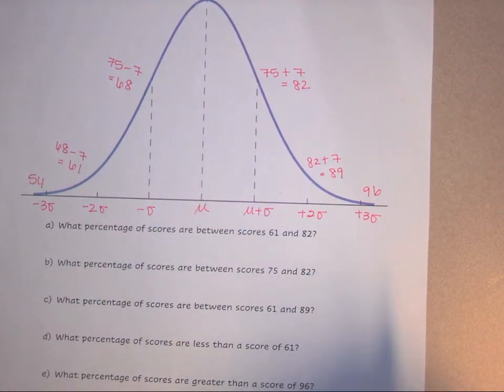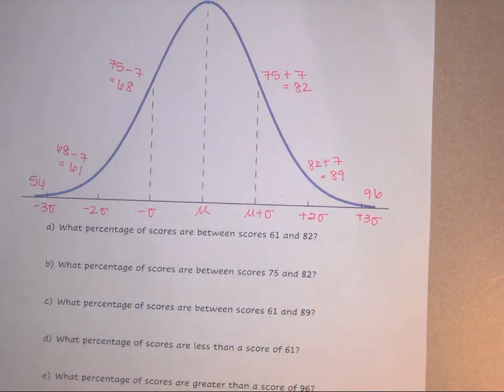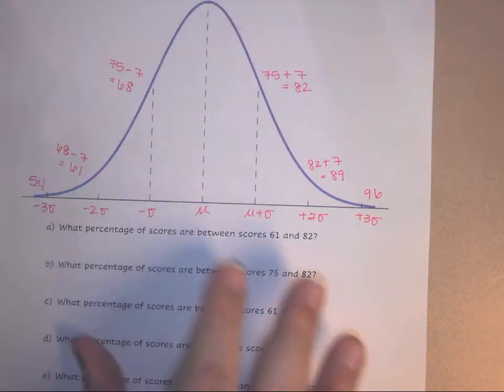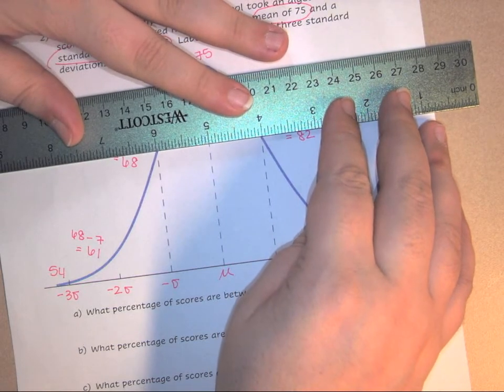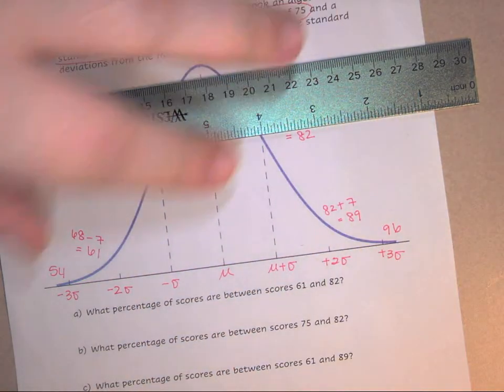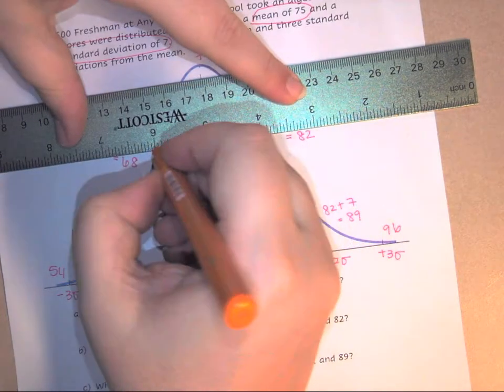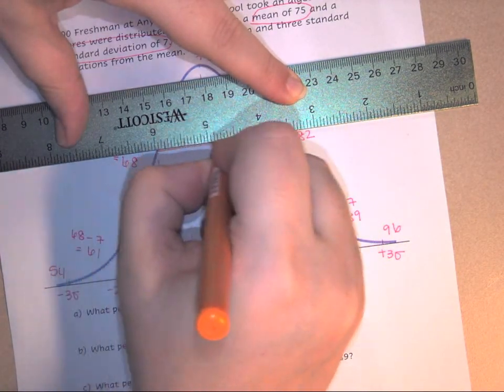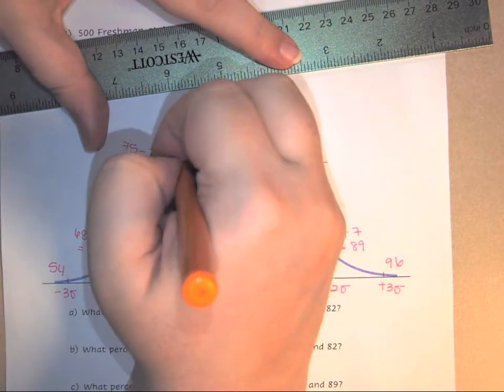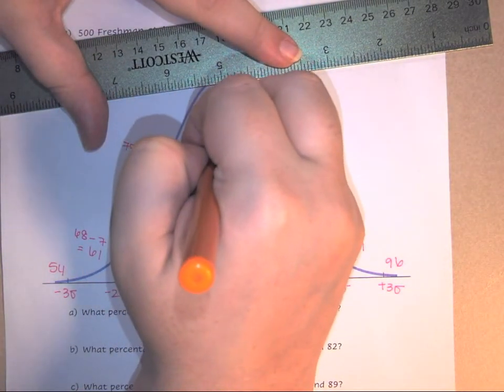Now the other piece that you need to take a minute and do is you need to go ahead and label your distribution. So let's go ahead and do that real quick. Again, between my first standard deviations is 68%.